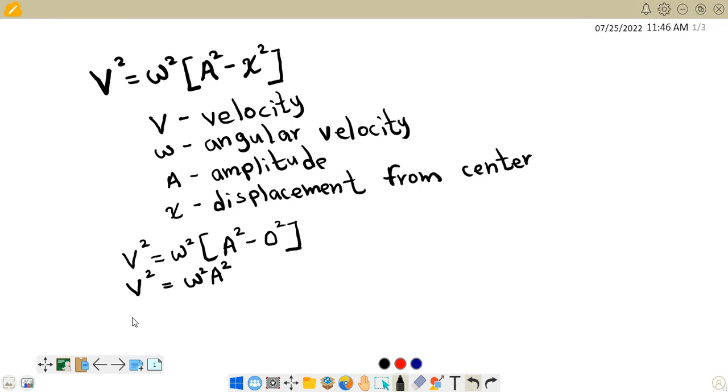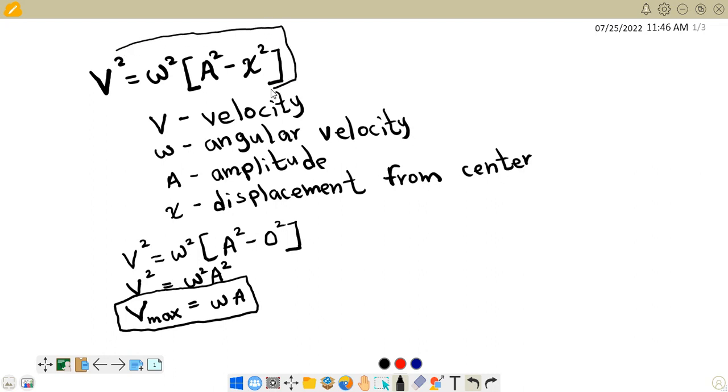We can take the square root of both sides. Then we get v, which I denote as v max, equals omega times a. To find the maximum velocity of simple harmonic motion, we can use this equation. Or simply, we can use the original equation to find the velocity at any point of the simple harmonic motion.